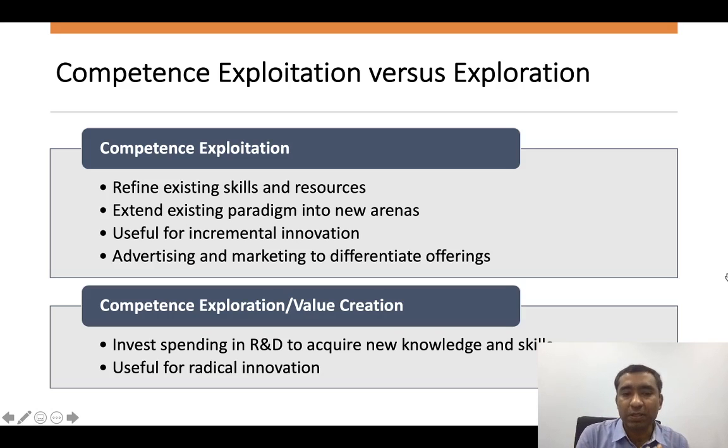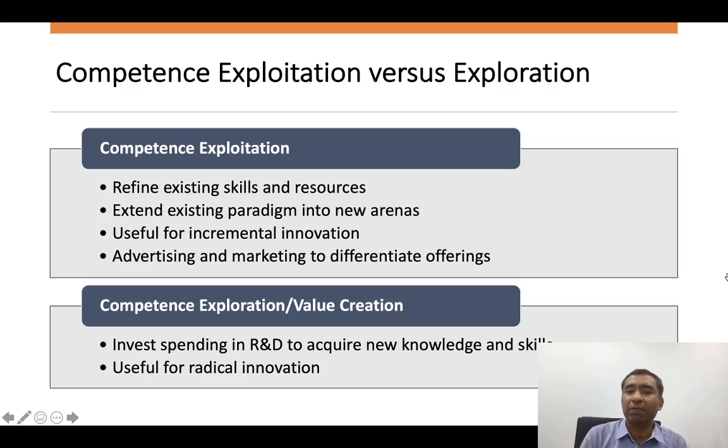Next, you can improve your existing skills by utilizing the incremental innovation method and develop new features and added advantages for your product or services that allow you to exploit your competency more, and you can get more and more customers.